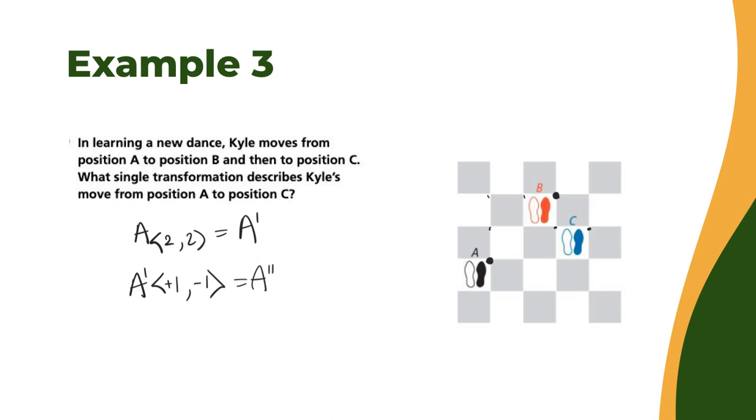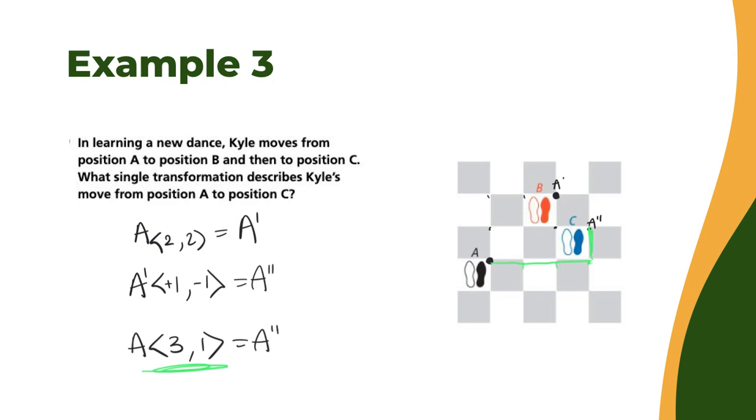So I could rewrite this as A goes over 3, up 1 to A prime, which is the same as where C is. Okay, and we could double check that by just saying, well, this translation would go over and up. So I would go 1, 2, 3 to the right and up 1, and that's what we got.